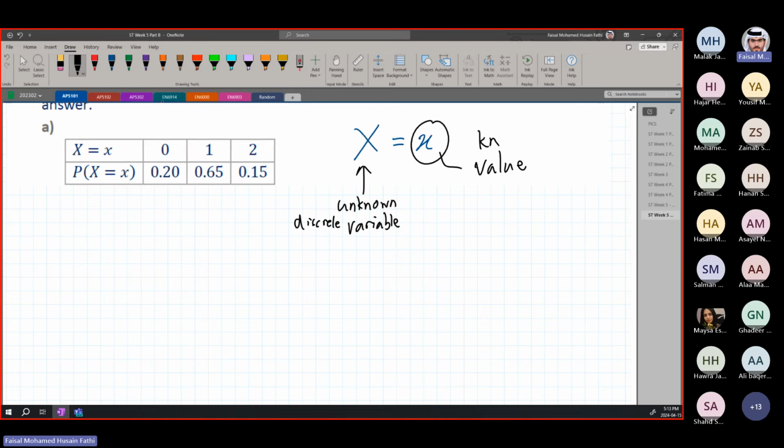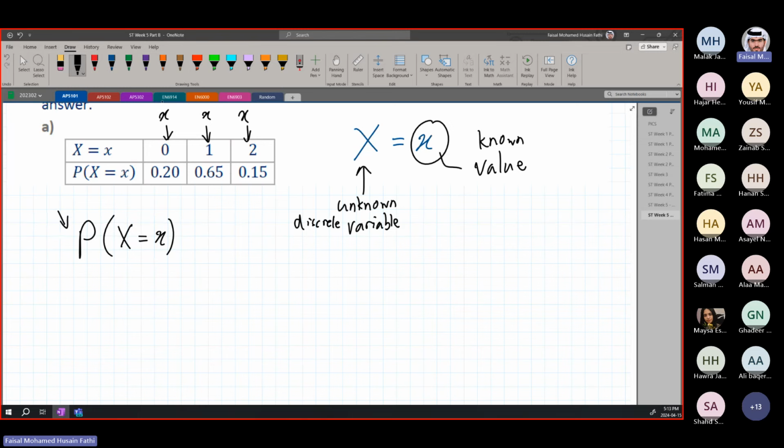So it is a known value. Meaning this 0, this is a small x. This is a value we know. This 1 is a small x, a value we know. All right, same thing here. This 2 is an x, a value we know. And here, this capital P, this is the probability. So capital P of X equal to small x is simply the probability of this happening, of this occurring.